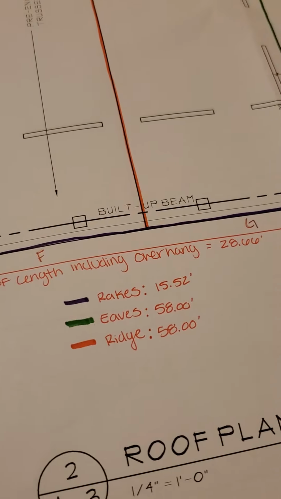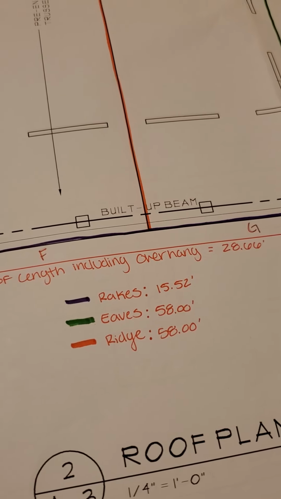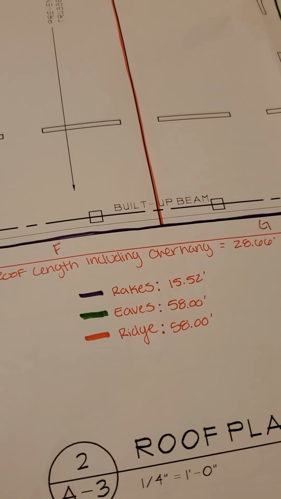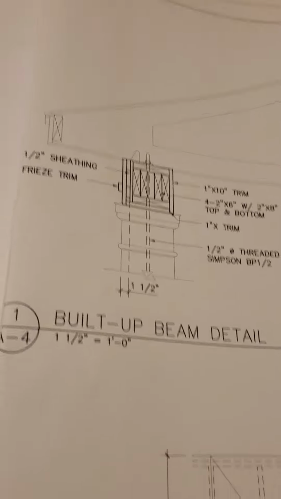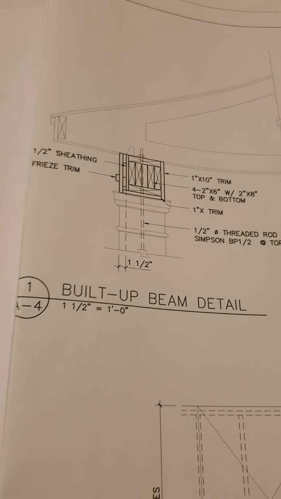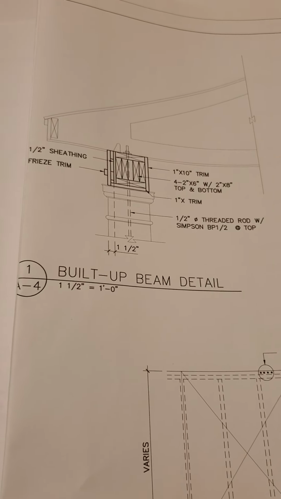But I also have a second plan just so that it'll be easier for me to tell you guys what I'm talking about. That is focused on my sheet A4, and I'm looking at detail number 1 on A4, which is my built up beam detail.